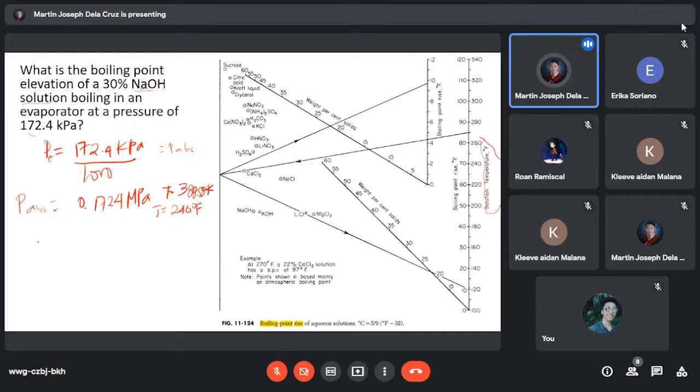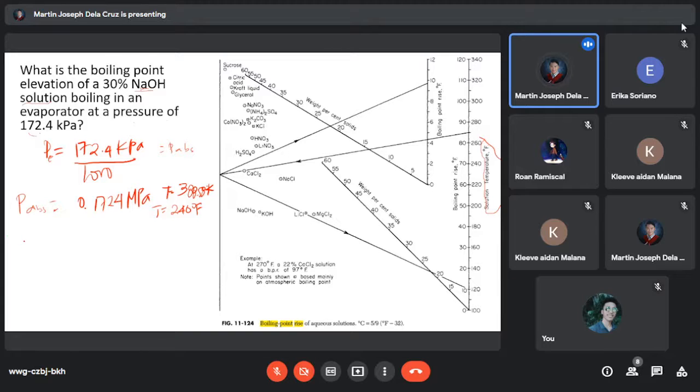Okay? So ito yung magte-trial and error tayo. But this is maximum of 3 trials lang to class. Makukuha nyo agad yung boiling point rise. So in here, we'll get 240 degrees Fahrenheit. So mag-assume tayo ng 40 degrees Fahrenheit BPR.